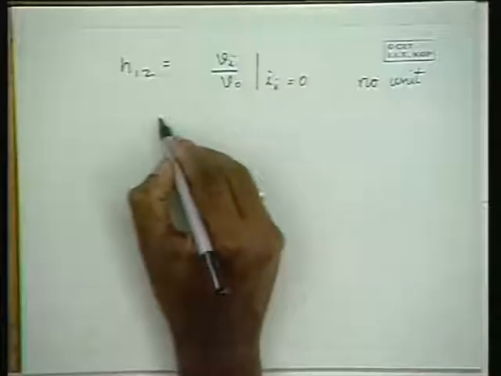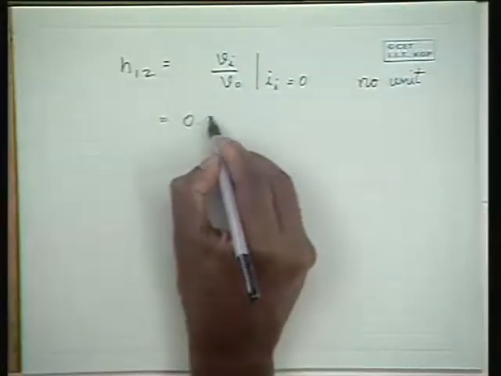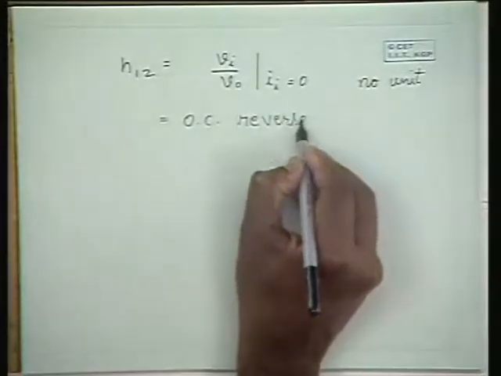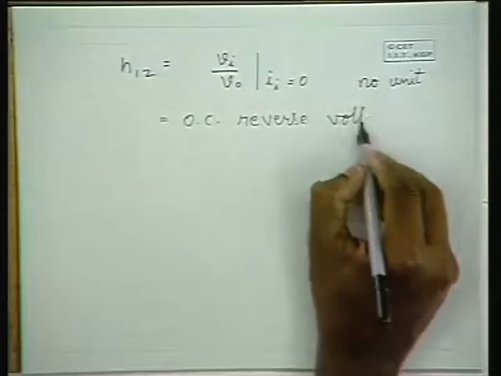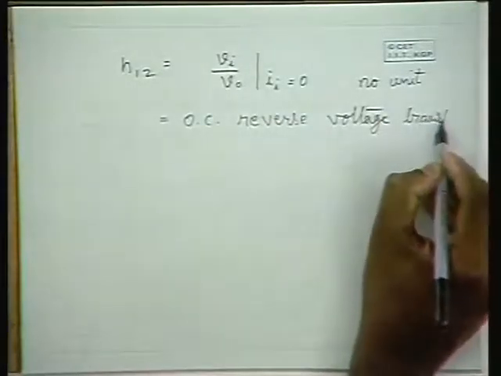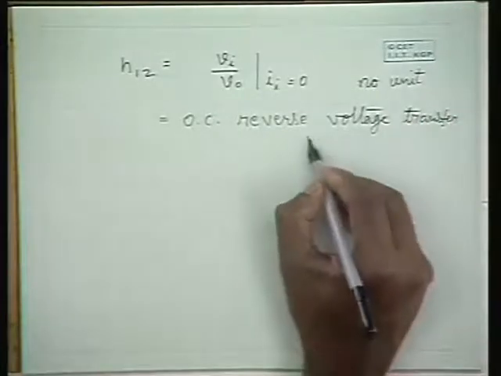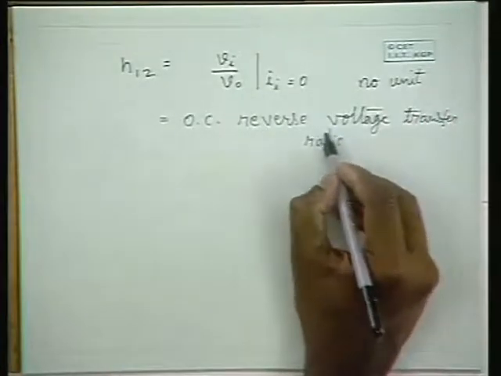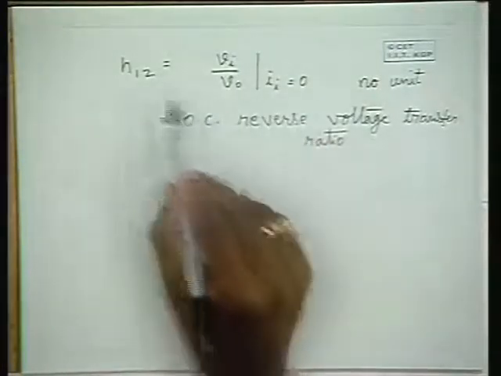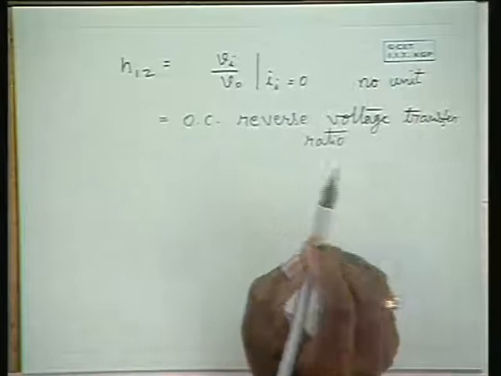So it is known as the open circuit reverse voltage transfer ratio. It is a transfer ratio because it is a ratio between the input quantity and output quantity. It is known as H12.